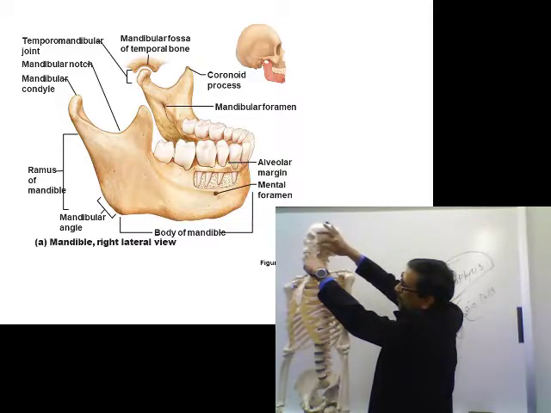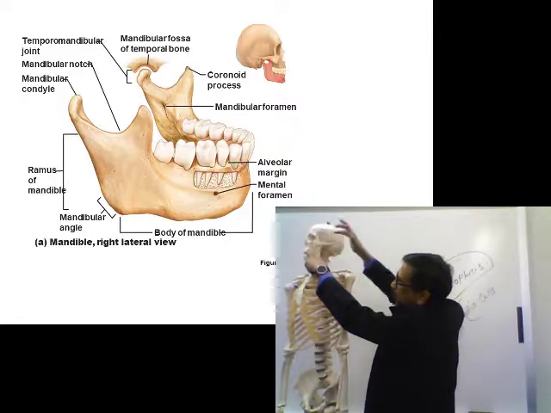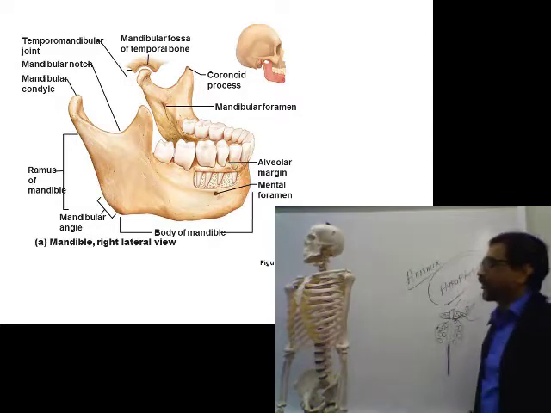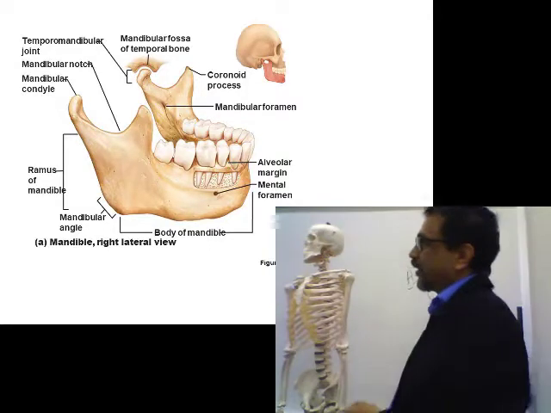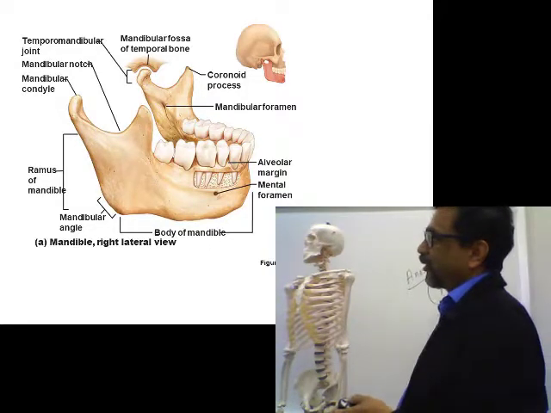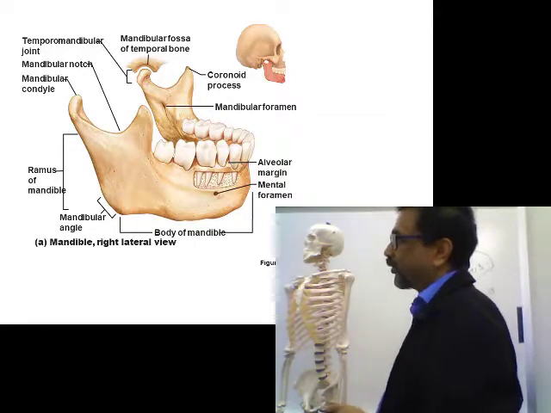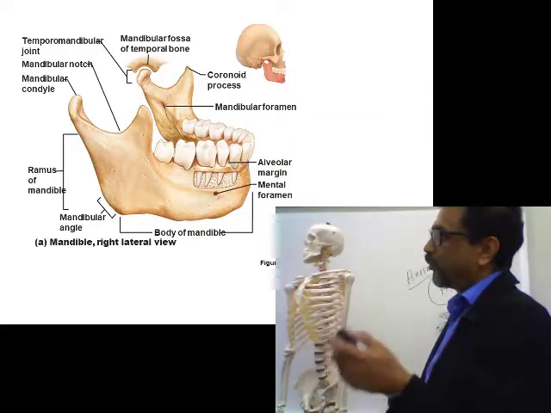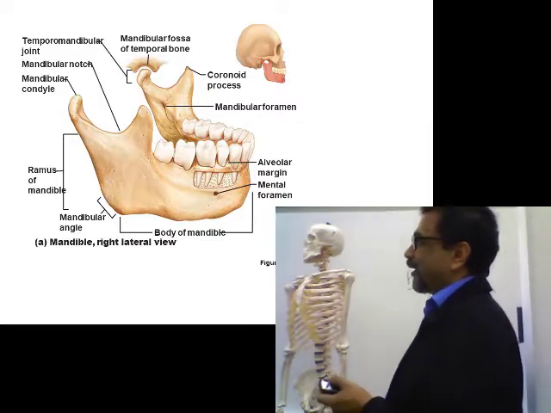So this is the mandibular condyle, and this part is not attached, it is free, and this part is called the coronoid process. So you see the mandibular condyle in the back and the coronoid process in the front. So two coronoid processes, two mandibular condyles.